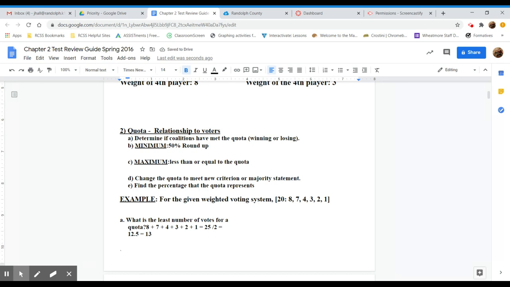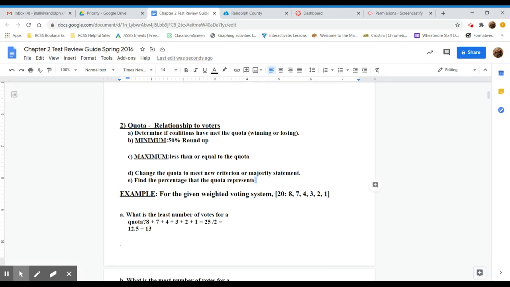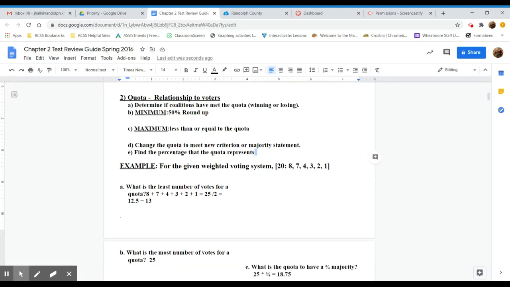We're going to change the quota to meet the new criteria or majority statement. And then we're going to find the percentage that a quota represents. So, for example, here, given the weighted system of 20, 8, 7, 4, 3, 2, 1. 20 is the quota, and then the players that follow. So we've got, looks like 6 players. Most of the time, those players are going to be numbered in order from least to greatest.